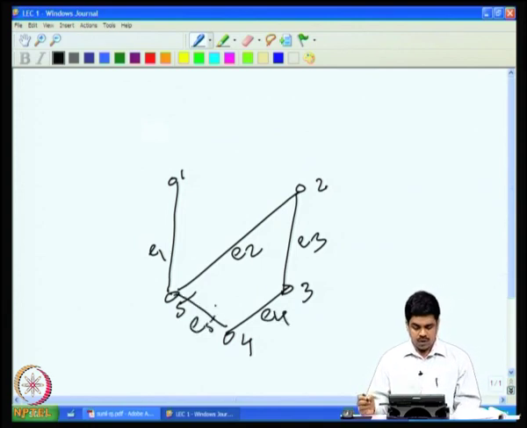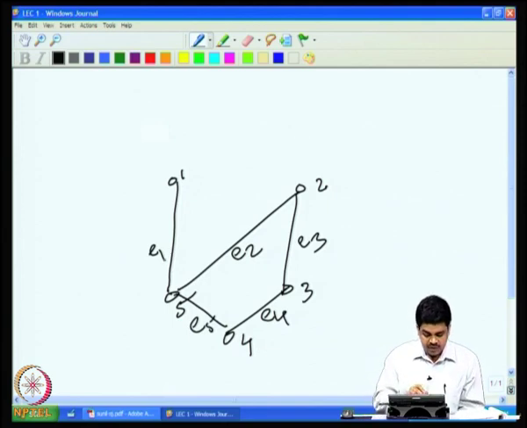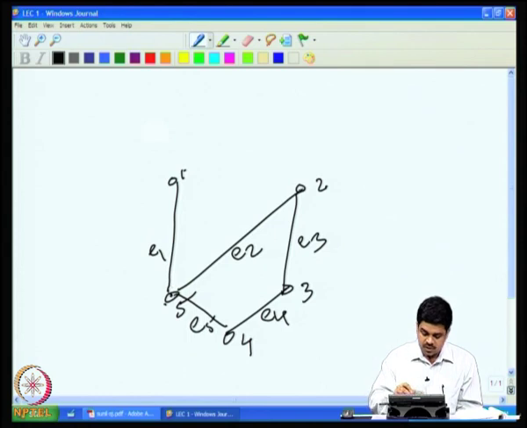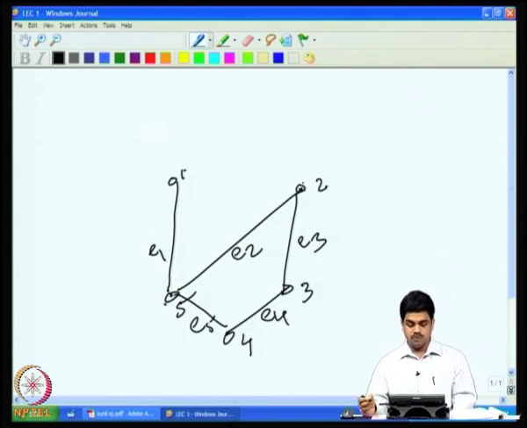Here the edge E1 is associated with the two vertices 1 and 5. They are called the endpoints of this edge E1. The edge E2 is associated with 5 and 2, the endpoints of E2, like that.